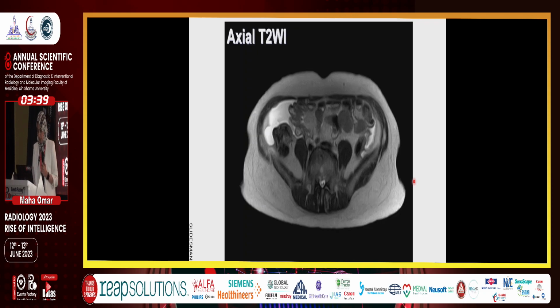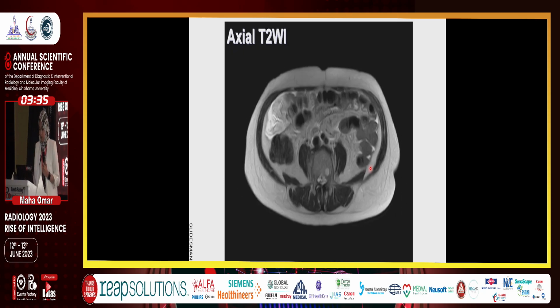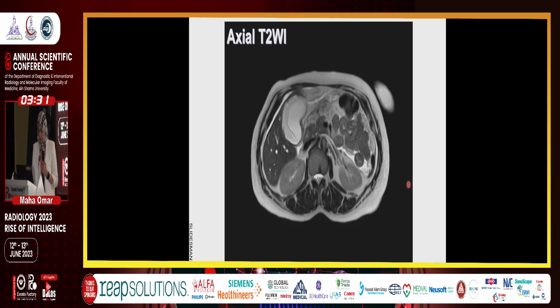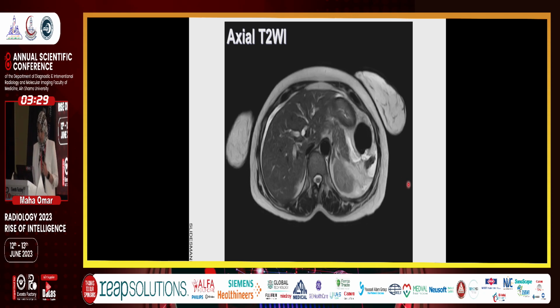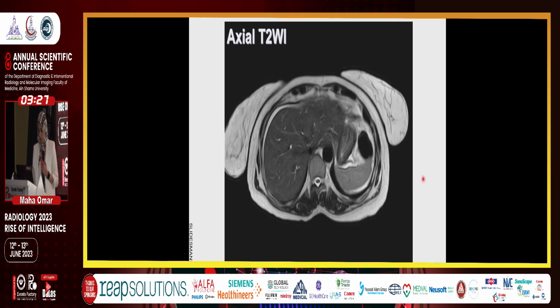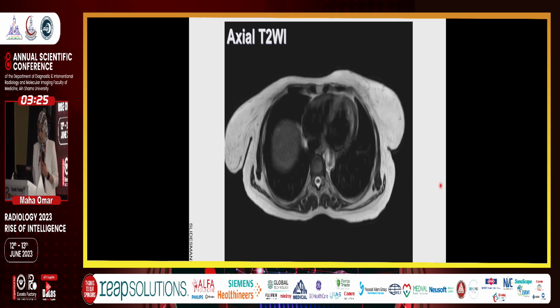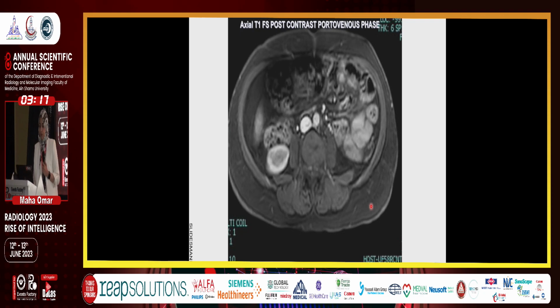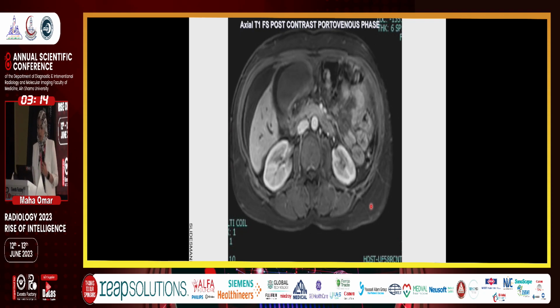Okay. The axial T2 weighted images of the abdomen. The T1 post-contrast fat sat in the portovenous phase of the abdomen also.